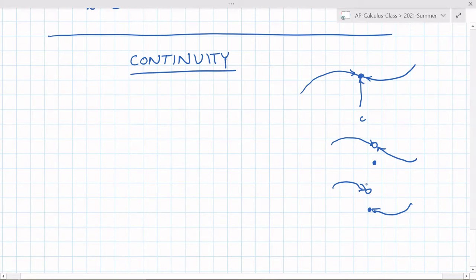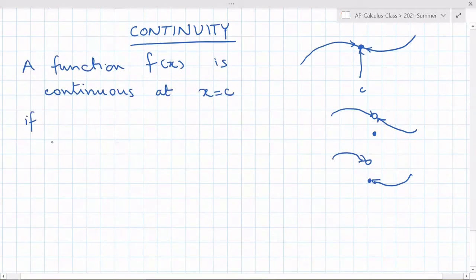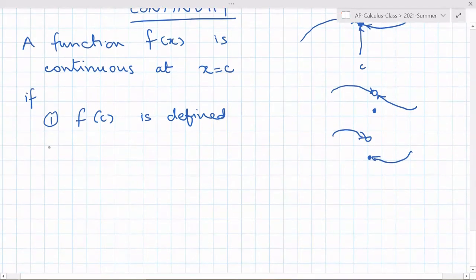So we'll look at these scenarios, but let's formally define what it means for a function to be continuous at a particular place. First, f of c is defined, right? That means this value exists. It can't be like there is no value at c. There's a value of the function at c.